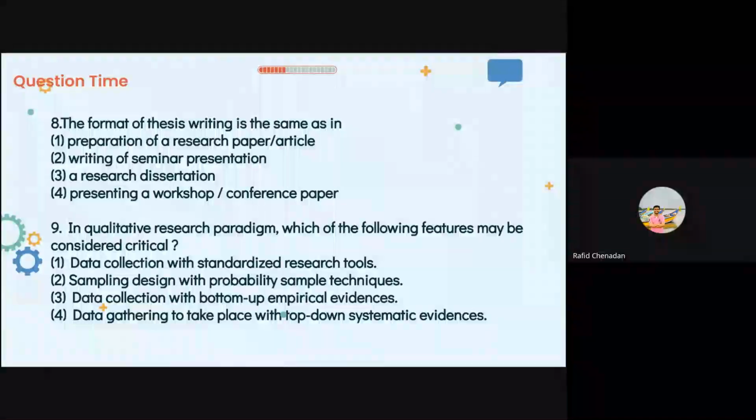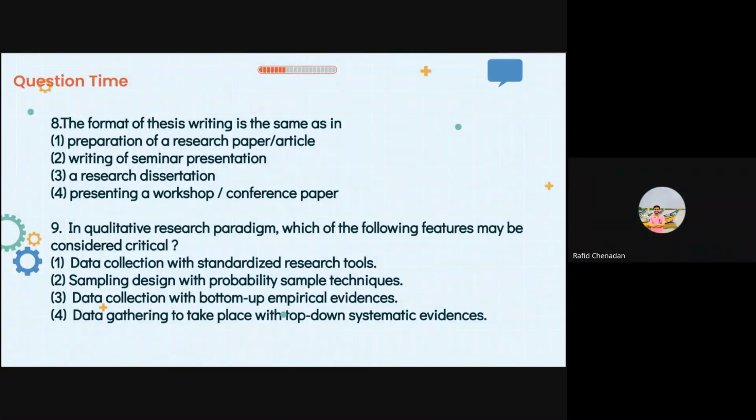And the fourth one, data gathering to take place with top-down systematic evidence. So what's the difference between top-down systematic evidence and bottom-up empirical evidence? Bottom-up, as the name says, you're going from bottom towards up. When you're doing a qualitative study, you're collecting empirical evidence from people.